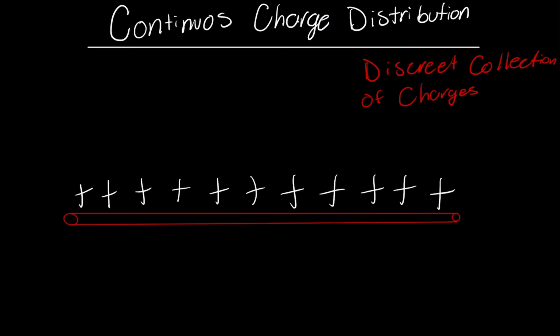Okay? Now, what I'm referring to is called charge density. And we can get into that in another video, but basically what charge density means is what I previously mentioned. So for example, here we can see that all the positive charges are evenly distributed. Now, what would happen if, for example, we have something like this?